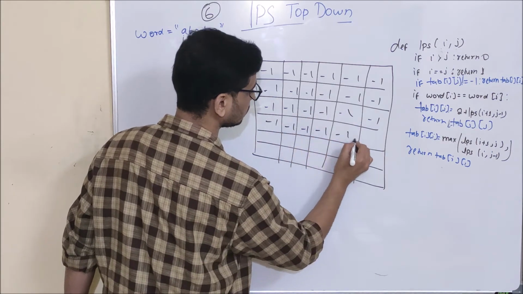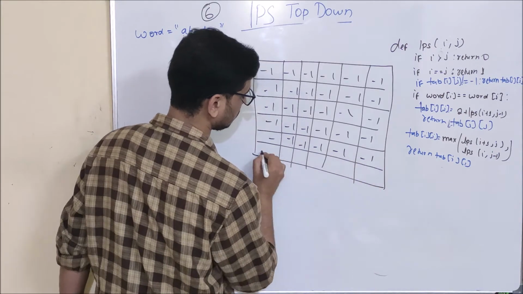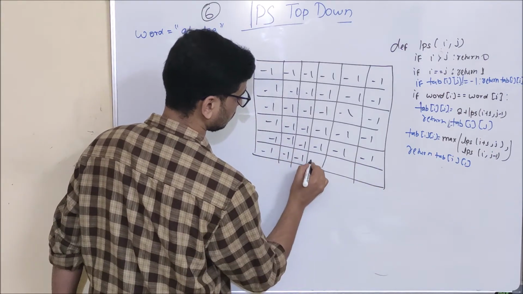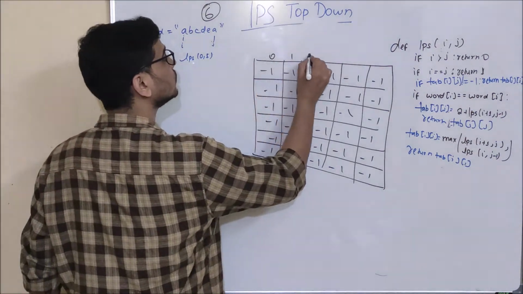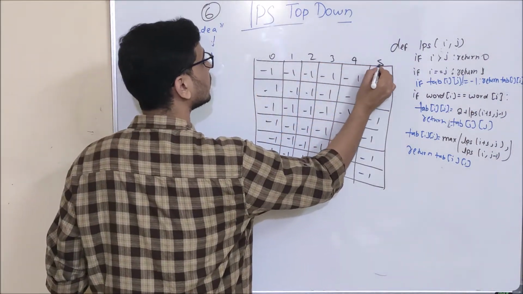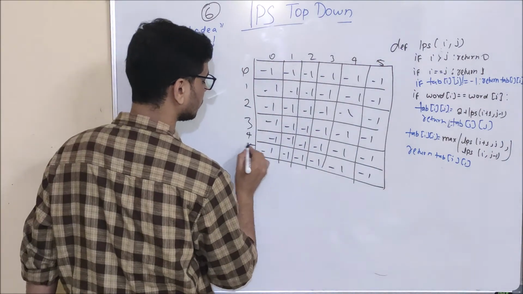Okay? Indices 0, 1, 2, 3, 4, 5 for rows and 0, 1, 2, 3, 4, 5 for columns.